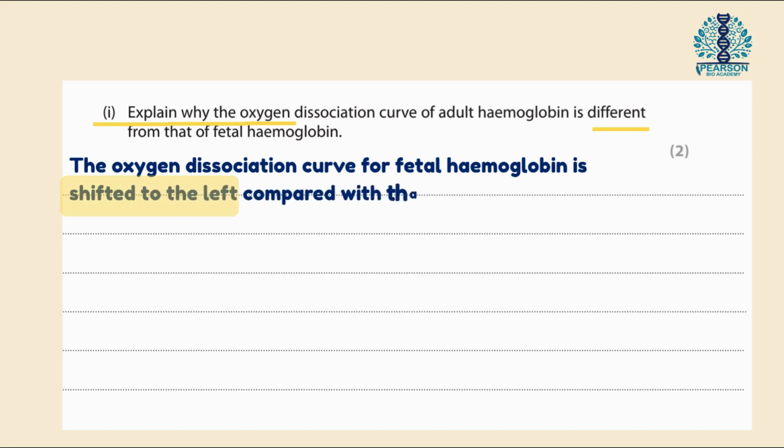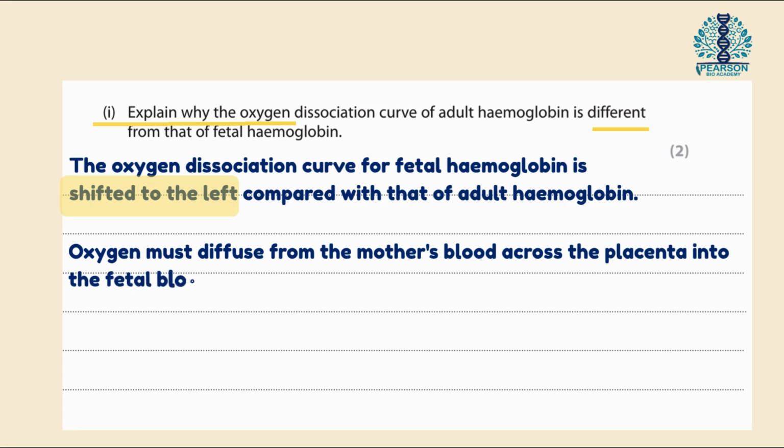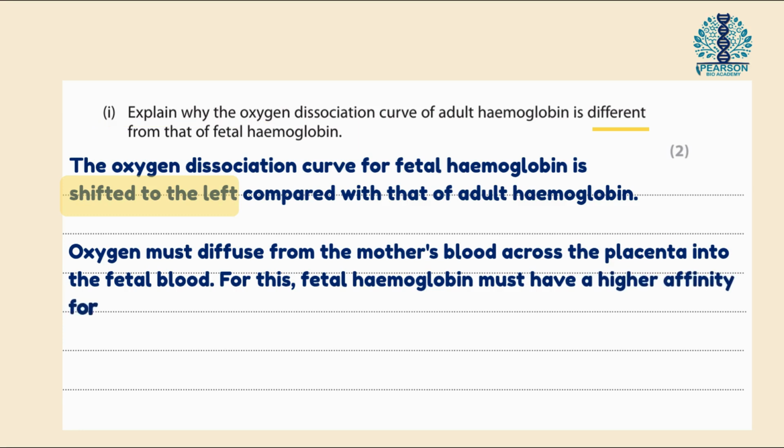Now, the reason: oxygen must diffuse from the mother's blood across the placenta into the fetal blood. For this to happen efficiently, fetal hemoglobin must have a higher affinity for oxygen than adult hemoglobin.